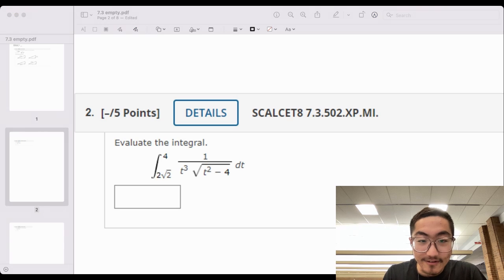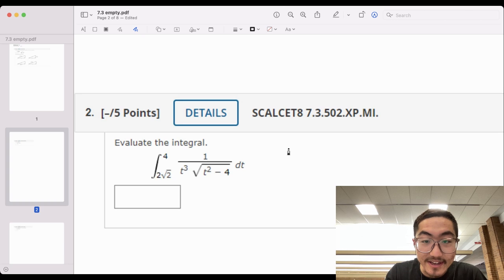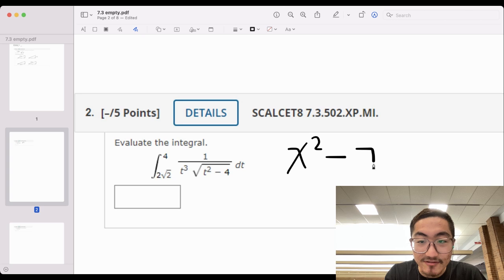Okay, number 2 is actually going to be t squared minus 4. This is like x squared minus a squared.